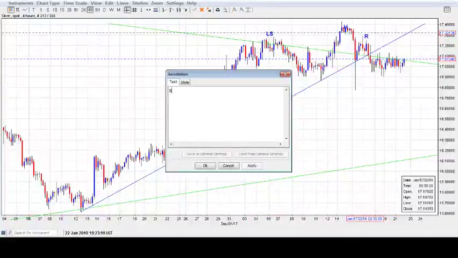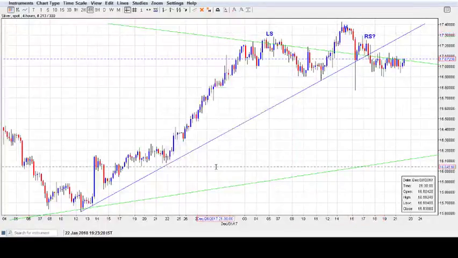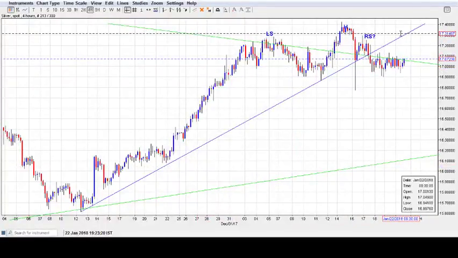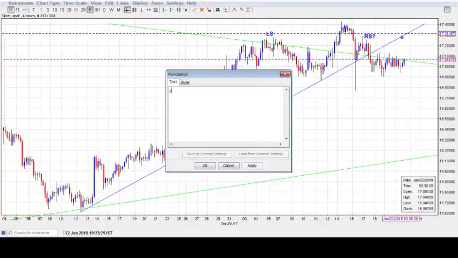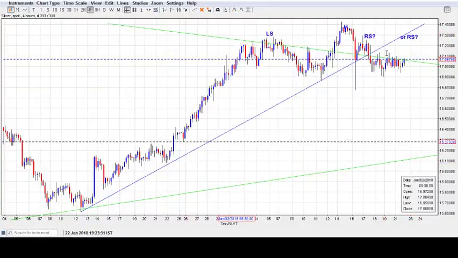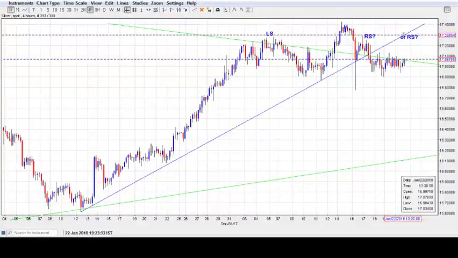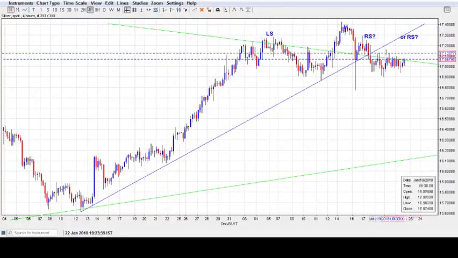Potential right shoulder is almost done. Or let's give it a chance for another test of the backside of the trend line. Even now, if it rallies, it should go and hit that 17,29, 30 mark, right?